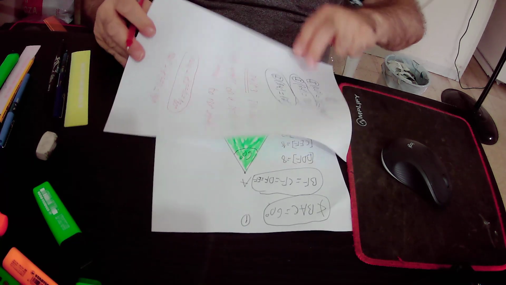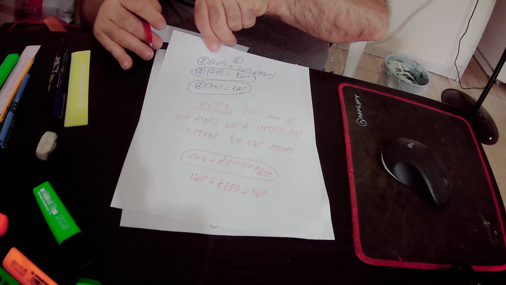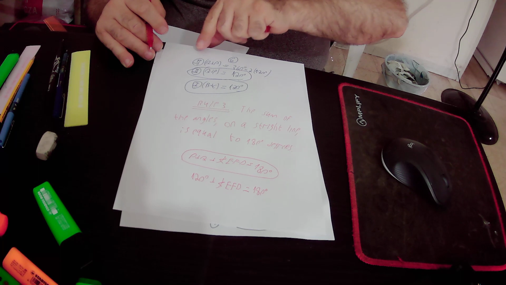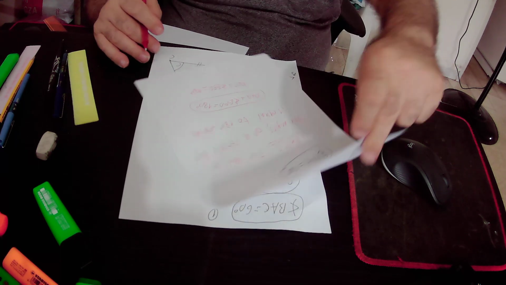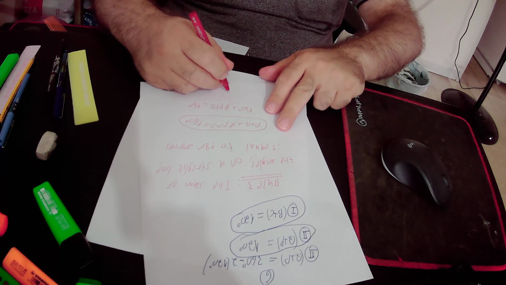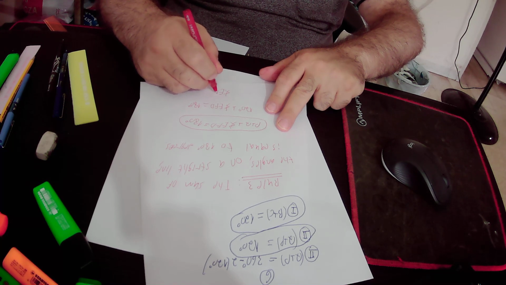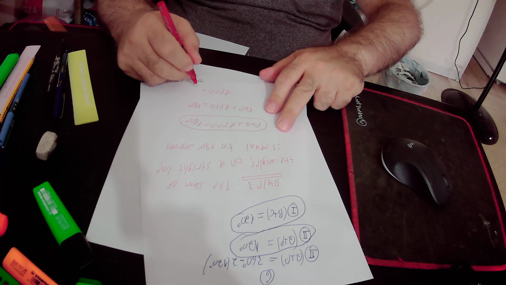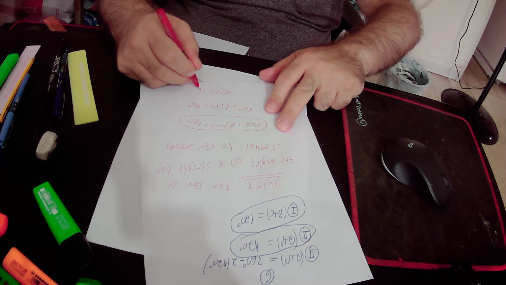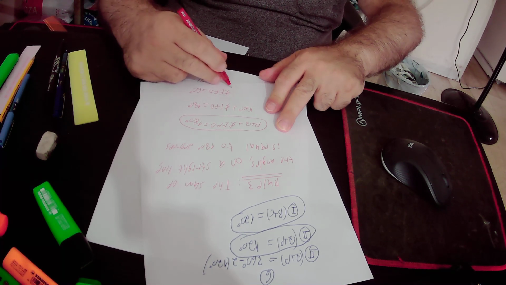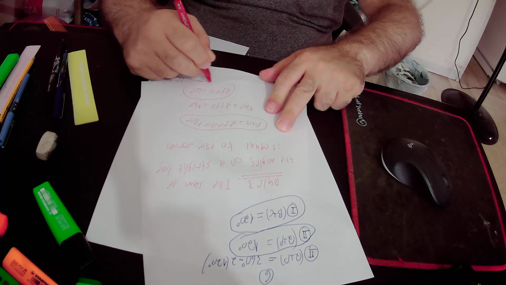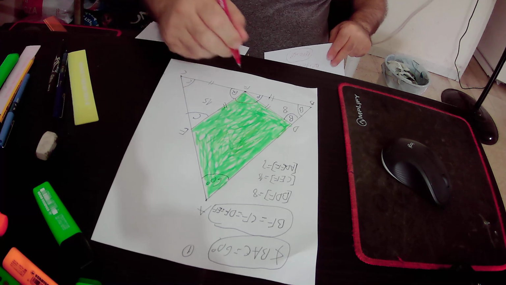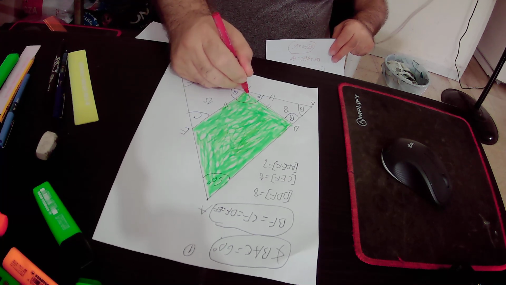Here we will subtract 120 degrees from both sides and we will get that angle EFD equals 180 degrees minus 120 degrees, which is 60 degrees. So this angle is 60 degrees.